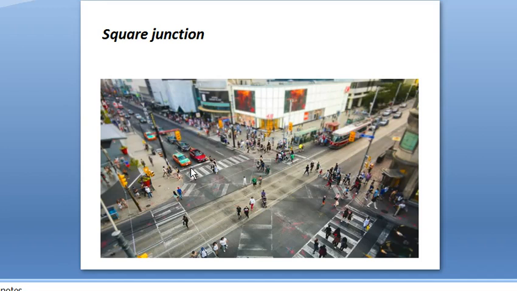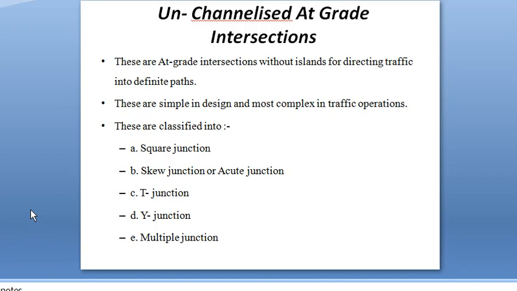This is the main disadvantage, since we are not providing any traffic island. This is known as unchannelized intersection. Here we are not providing any channels or islands for directing the traffic. So this is very simple in design, but most complex in traffic operation, because there will be more conflict points, or conflict area.